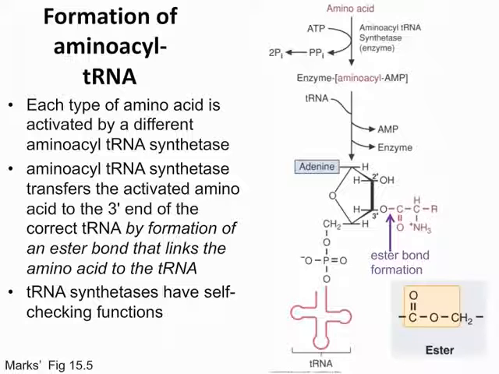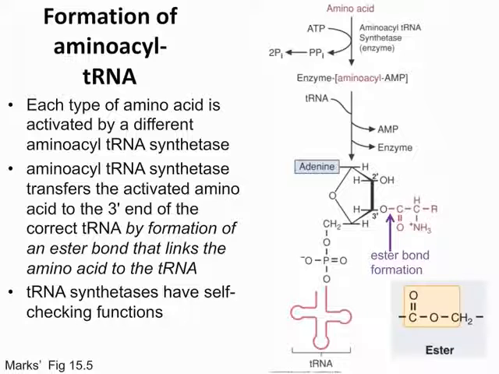That synthetase is going to take your amino acid and transfer it to the 3' end of your tRNA. So that's what the second bullet says. Aminoacyl-tRNA synthetase transfers the activated amino acid to the 3' end. And then it's going to form an ester bond, which links it to the tRNA. And that's how you get aminoacyl-tRNA.